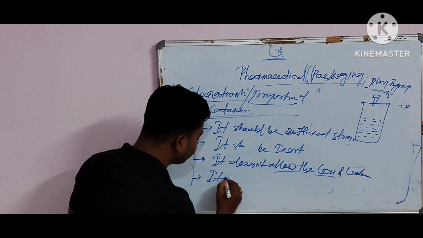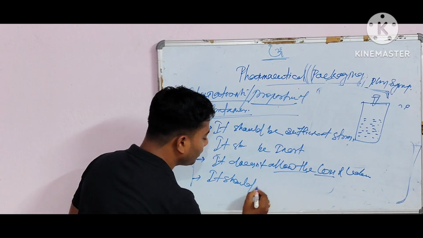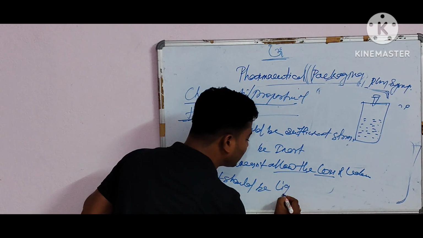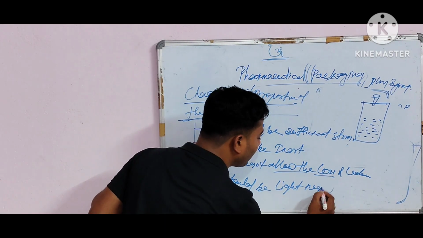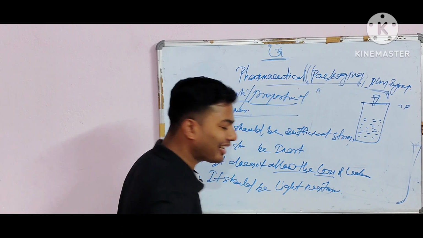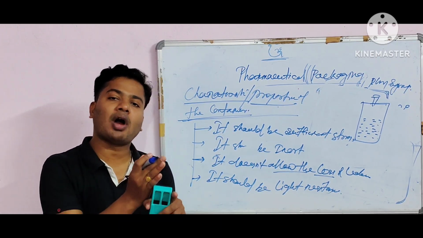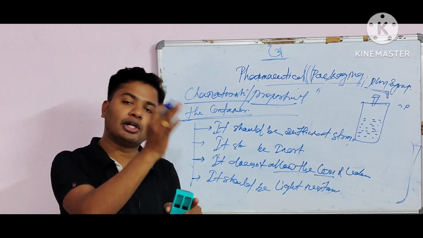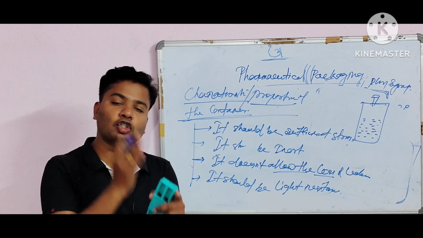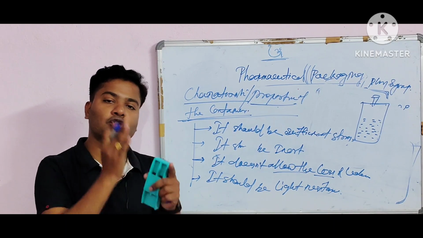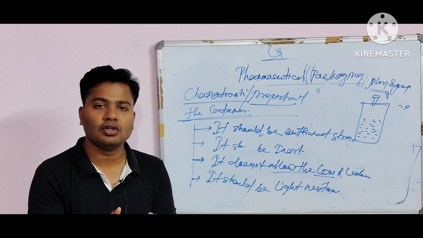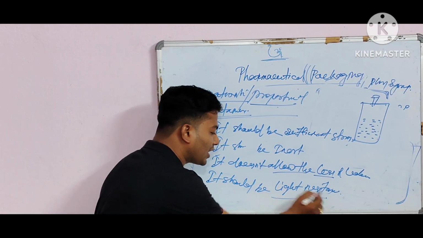And the next point is, it should be light resistant. That means the container you use for the packaging of liquid dosage forms should be light resistant. So what is the importance of light resistance?